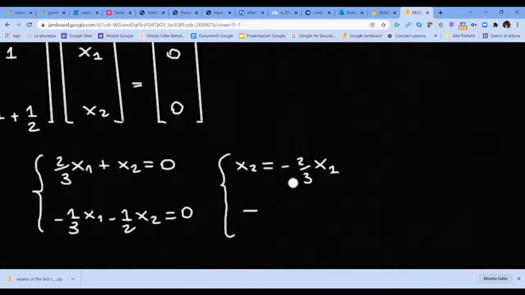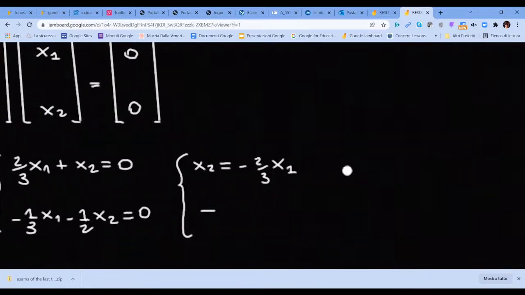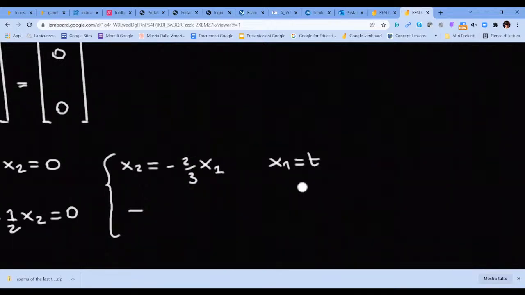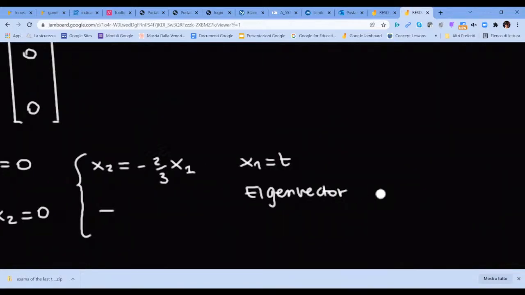If you compute the same of the second one, you will have the same computation. Okay, so if we put x1 equal to t, we can write the eigenvector as t and minus 2/3 times t.